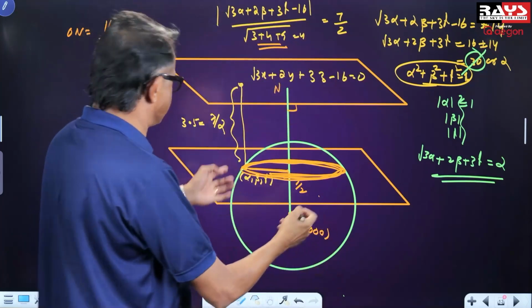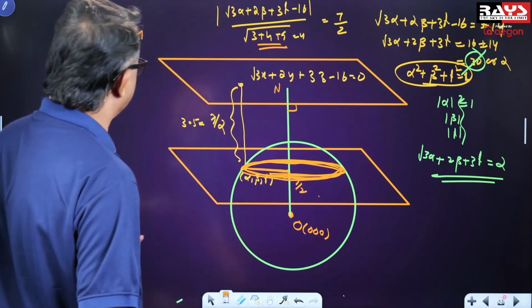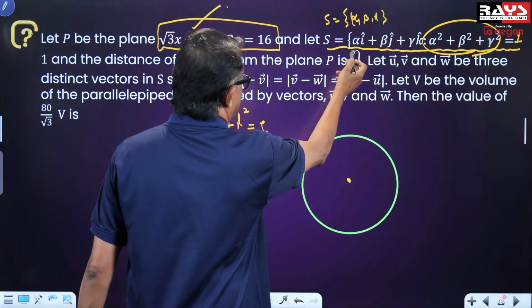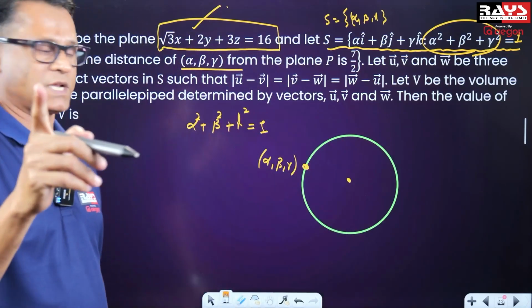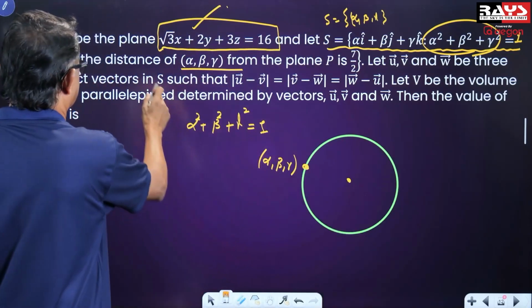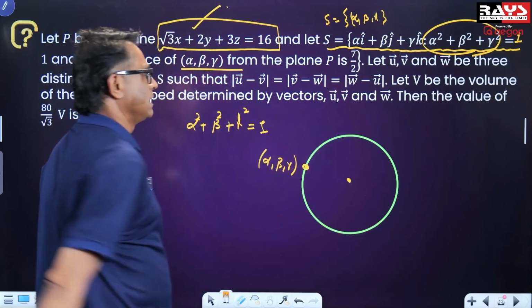So that is what is mentioned in this question: S is the set of alpha, beta, gamma where alpha square plus beta square plus gamma square is 1, and also the distance of alpha, beta, gamma from the plane is 7 by 2.